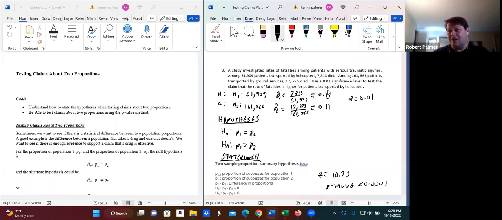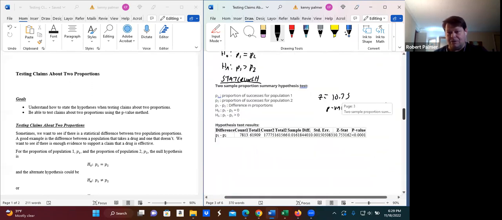Though if you notice, the proportions aren't that different. One reason why we can reject is because our sample sizes are so large. Now, let's just summarize that.